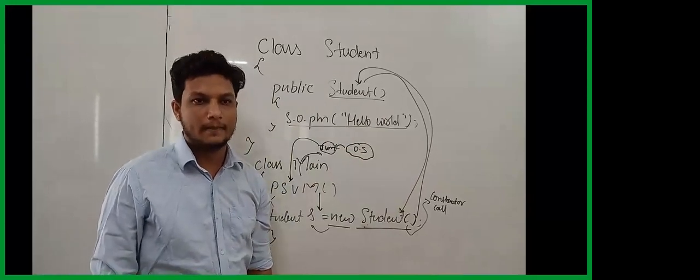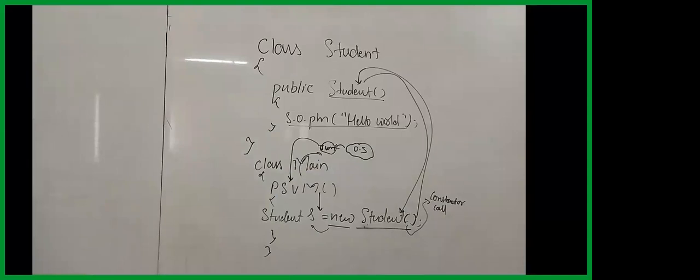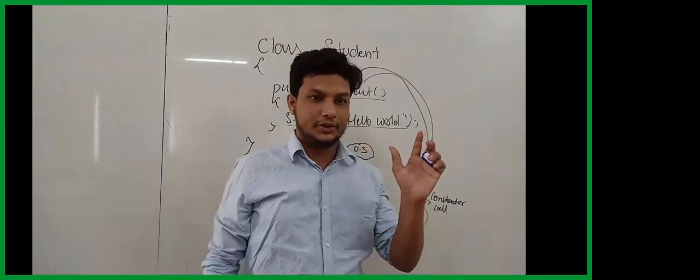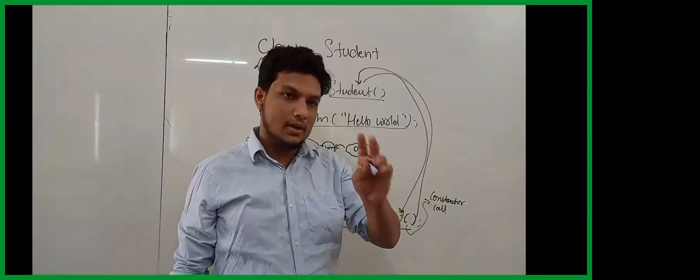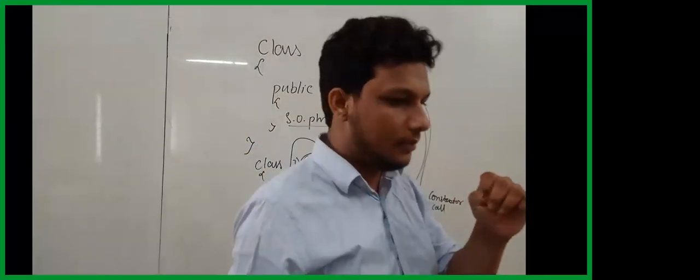Sir, but we didn't create any constructor before, so how was it executed? Yes, very good, that is an excellent question. Actually, I was about to tell, but I'm not sure who asked this question.